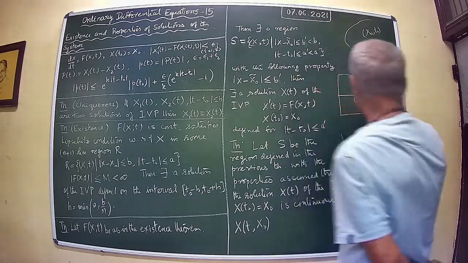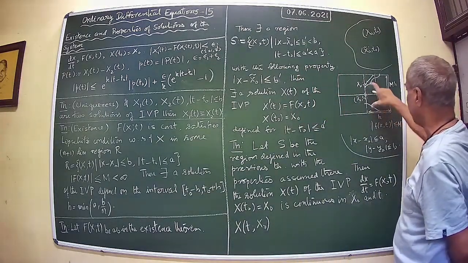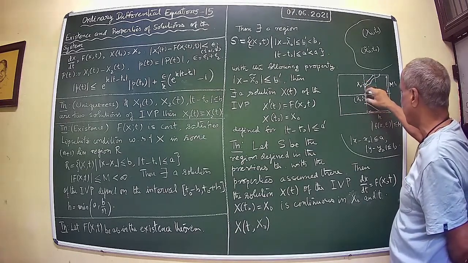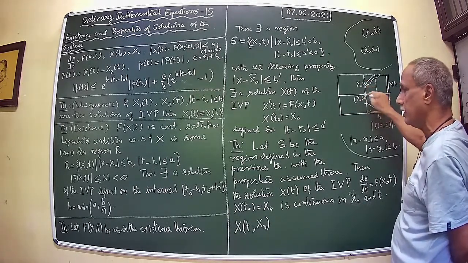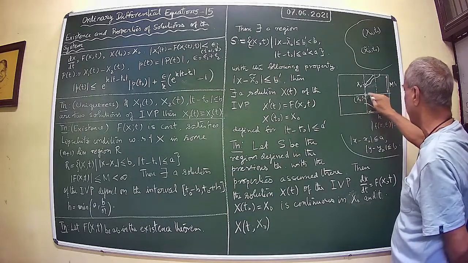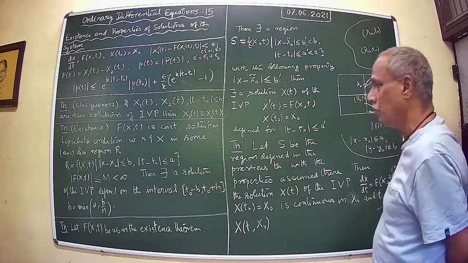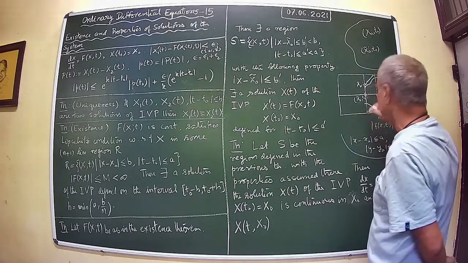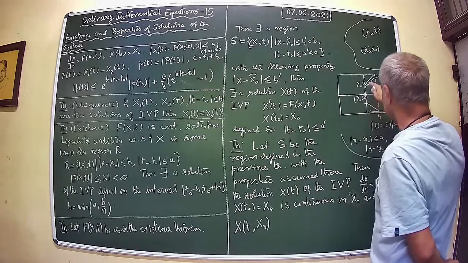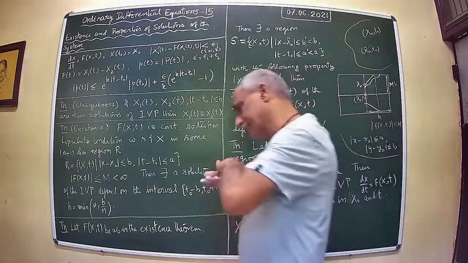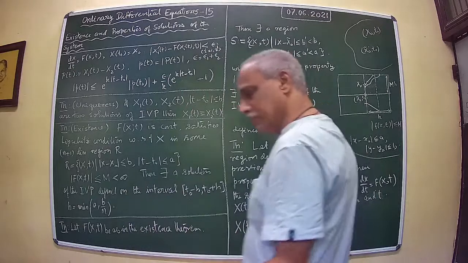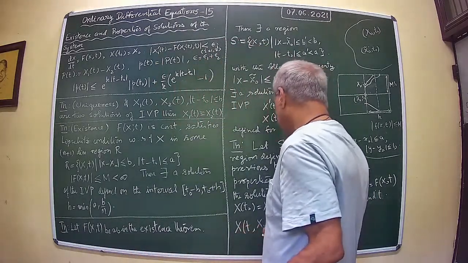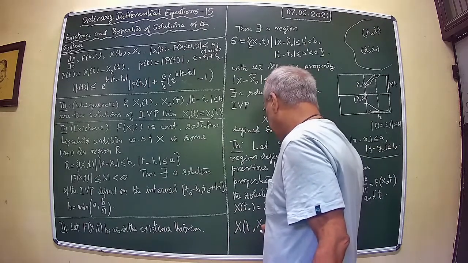Because x naught can vary over some interval. So what happens when you get closer and closer to the base solution that you are looking at? As x naught tends to x naught tilde, these solutions would get closer, and that's easy to estimate. So what you are saying is that the solution is continuous with respect to the parameter.